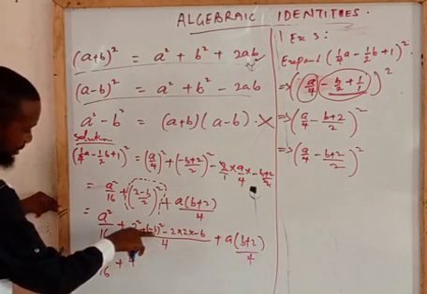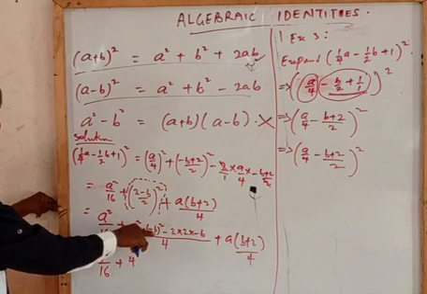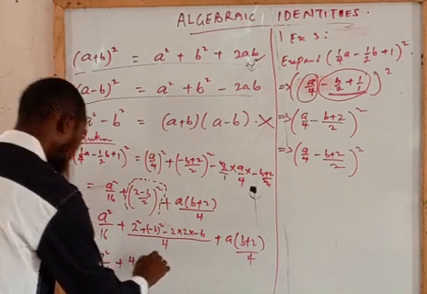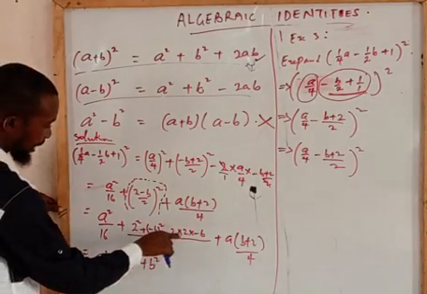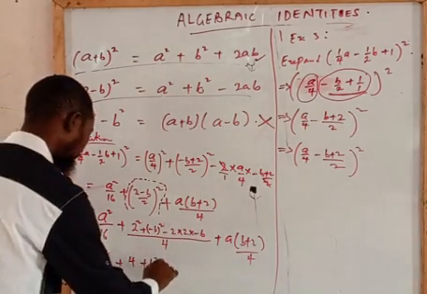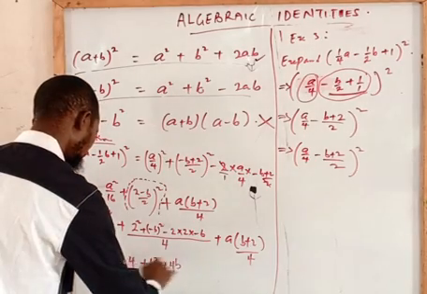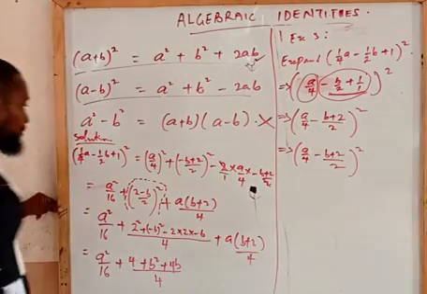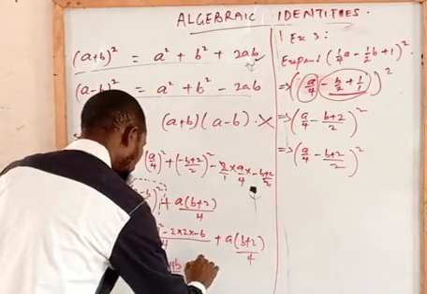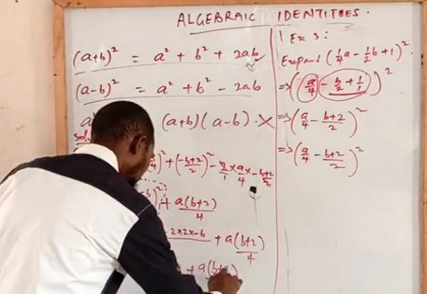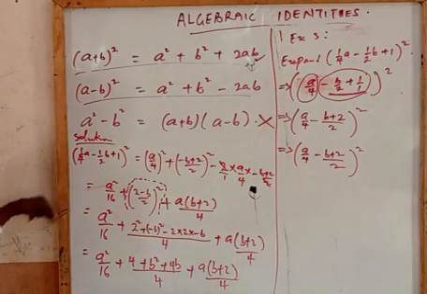Now remember, minus b times minus b becomes b squared, so plus b squared. Now minus times minus gives plus, so plus 2 times 2 is 4 times b, plus 4b, everything over 4. Then plus a into b plus 2, everything over 4.